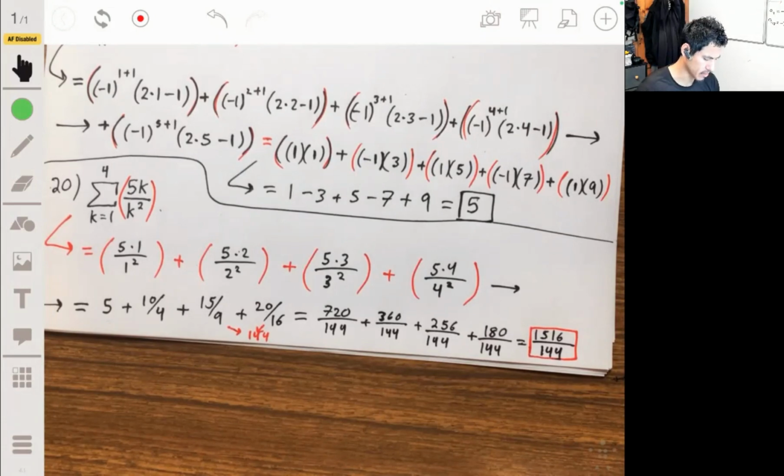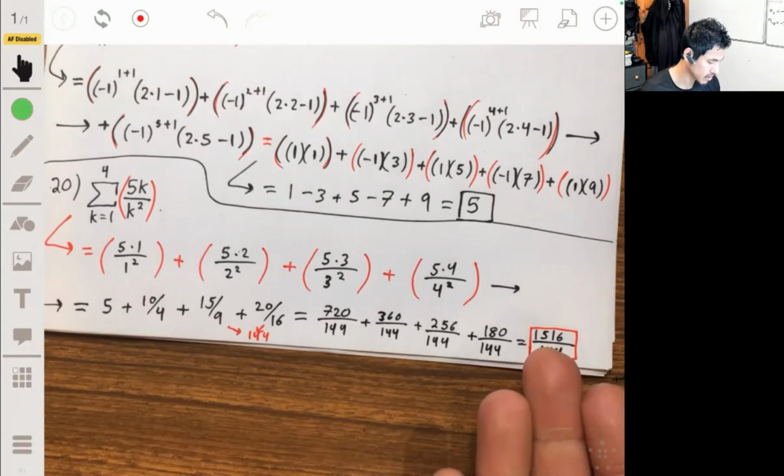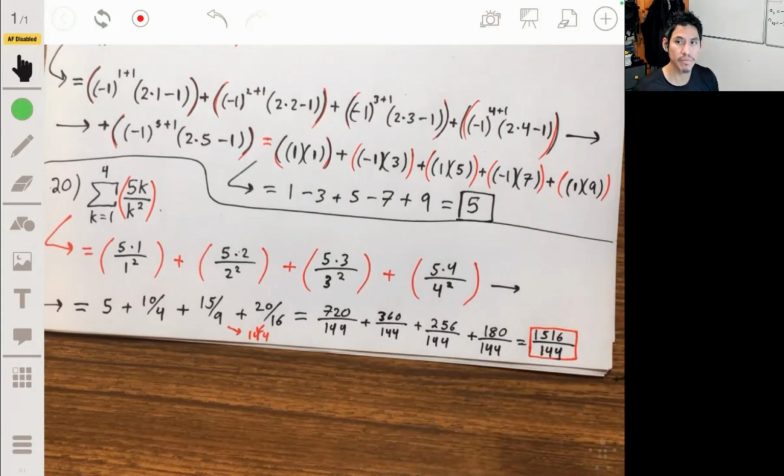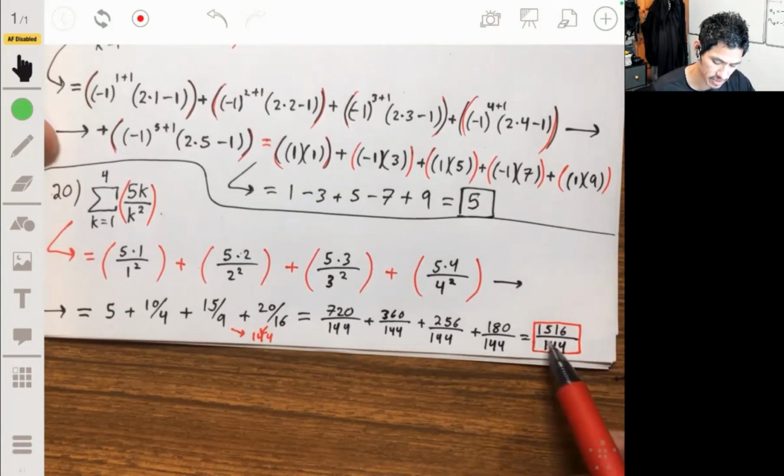Depending on how you're allowed to give your answer, I don't mind if it's left like this. But maybe they want it as a reduced fraction, but again, to me, it's not a big deal.